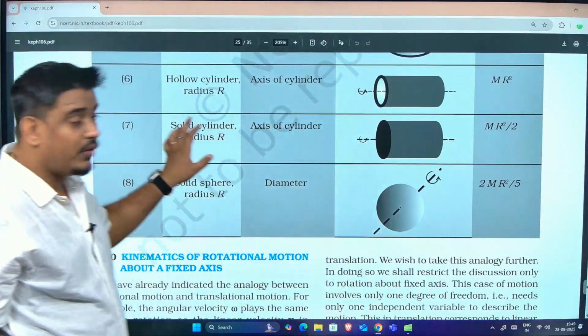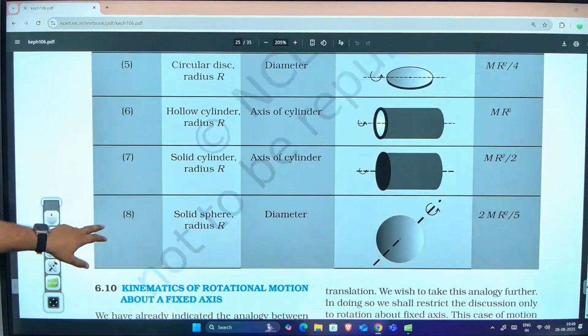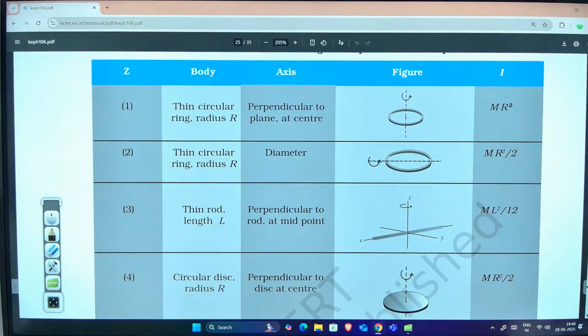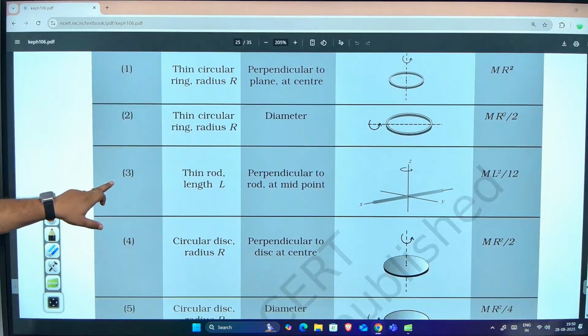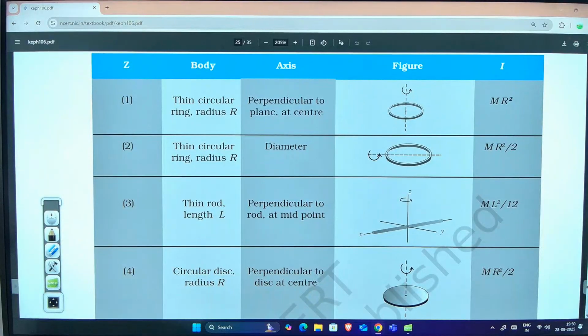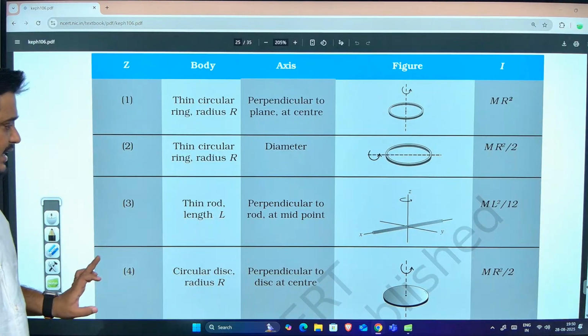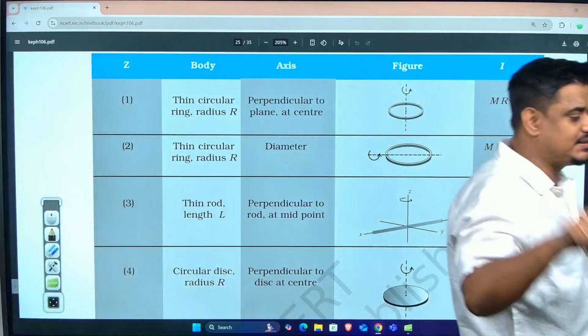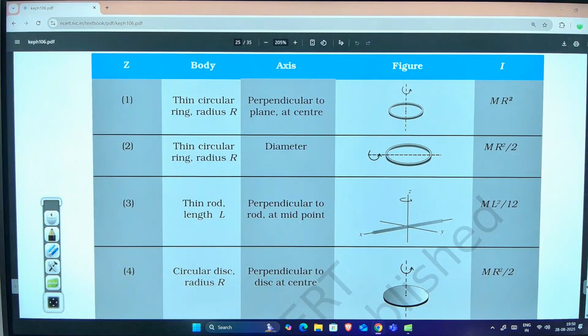Okay? So now everybody please write this in a notebook. Which one you will write? You write for this number 1, number 3, number 4. Copy this up fast. Make a table and write 1, 3, 4. Heading is moment of inertia of different bodies.